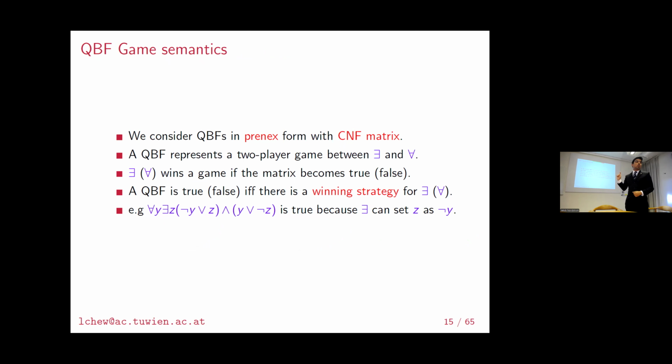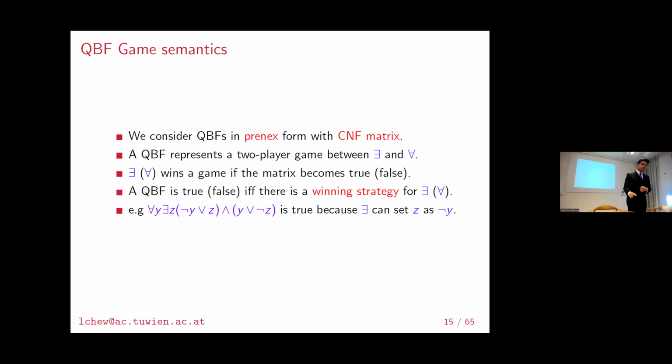Whichever quantifier appears, that player gets to set a Boolean value for the variable being quantified, and that Boolean value substitutes over the variable in the CNF. The existential player is trying to choose their values so that the matrix becomes true, and the universal player is trying to make the matrix become false. A QBF is true if and only if there exists a winning strategy for the existential player. That means no matter what the universal player does, they can always respond in a way that satisfies the matrix. And likewise for falsity.